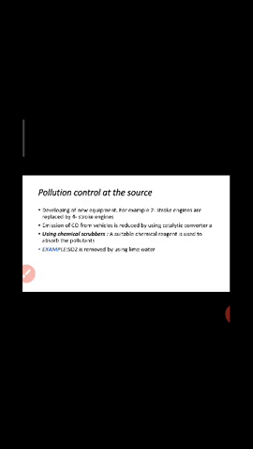Emission of carbon monoxide from vehicles is reduced by using a catalytic converter. Using chemical scrubbers, a suitable chemical reagent is used to absorb the pollutants. For example, sulfur dioxide is removed by using lime water.